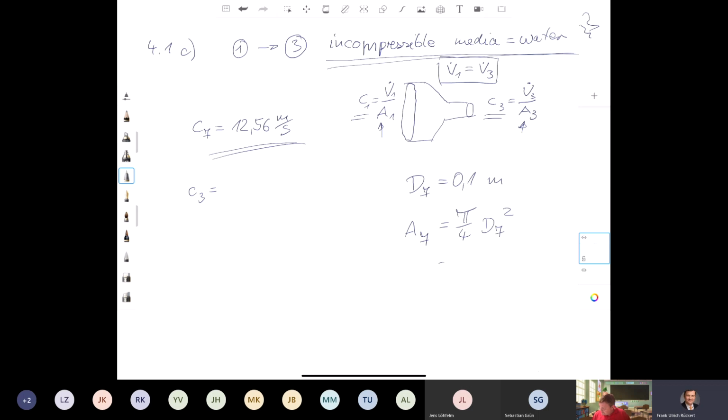And maybe can someone calculate it for me? Now I follow the chat. Please try to calculate A7 for me, if someone is fast. And I also want to calculate, okay, D3 was, I have to look it up. Wait a second. D3 is 0.2 meters.